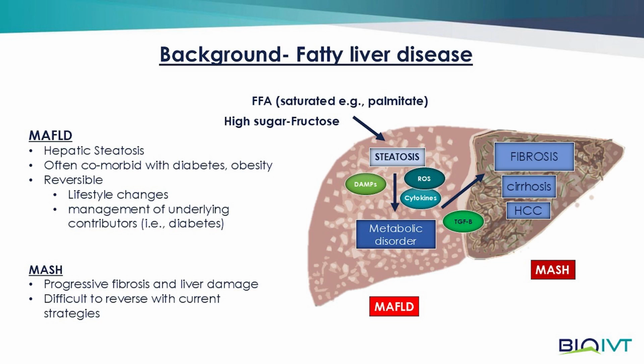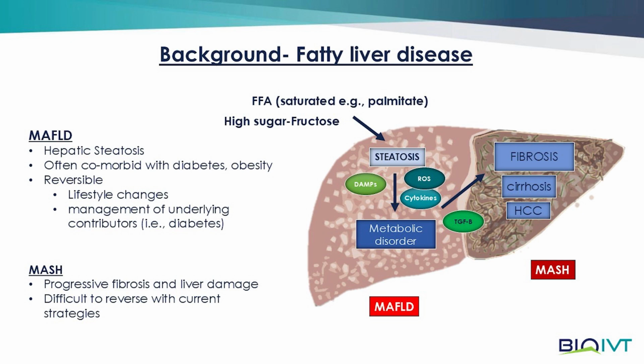So MAFLD is the earlier stage disease comprised of mainly hepatic steatosis, and that comes about due to dietary factors, such as a diet high in free fatty acids or high sugars, such as fructose. This is often comorbid with diabetes and obesity, and importantly is reversible with lifestyle changes.